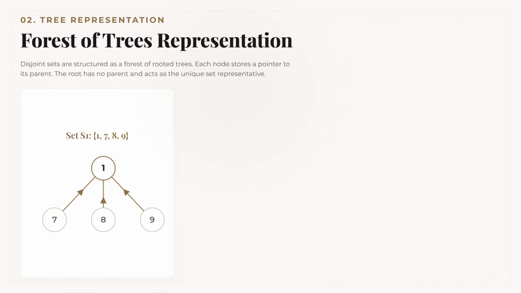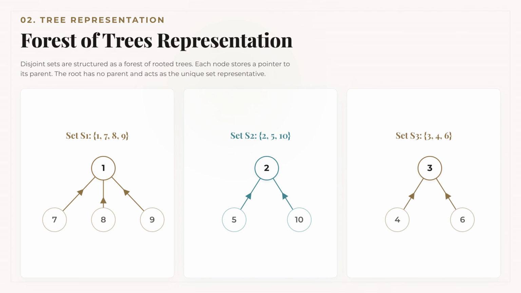Now, let us discuss how these sets are represented internally. The most efficient representation uses trees. Each set is represented as a rooted tree. Every node stores a pointer to its parent. The root node has no parent. Therefore, the root acts as the representative of the set. Imagine we have 3 sets. The first set contains the elements 1, 7, 8, and 9.